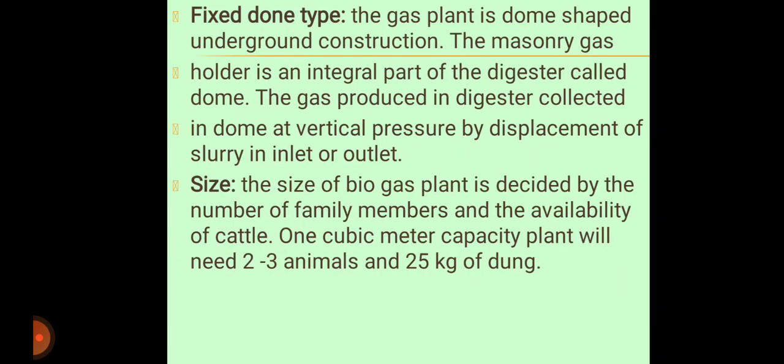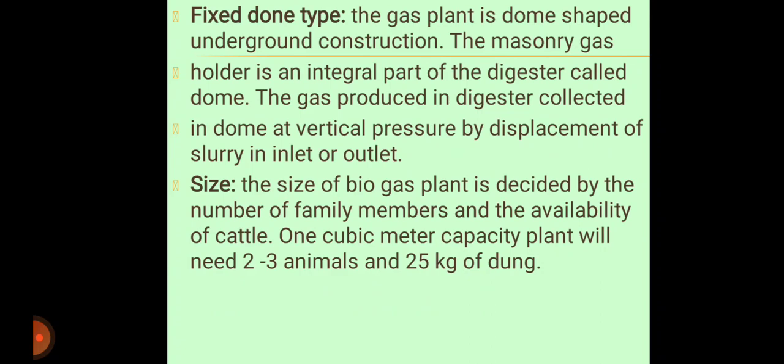Fixed dome type. The gas plant is a dome shaped underground construction. The masonry gas holder is an integrated part of the digester, called a dome. The gas produced in the digester is collected in the dome, with pressure created by displacement of slurry in the inlet or outlet.